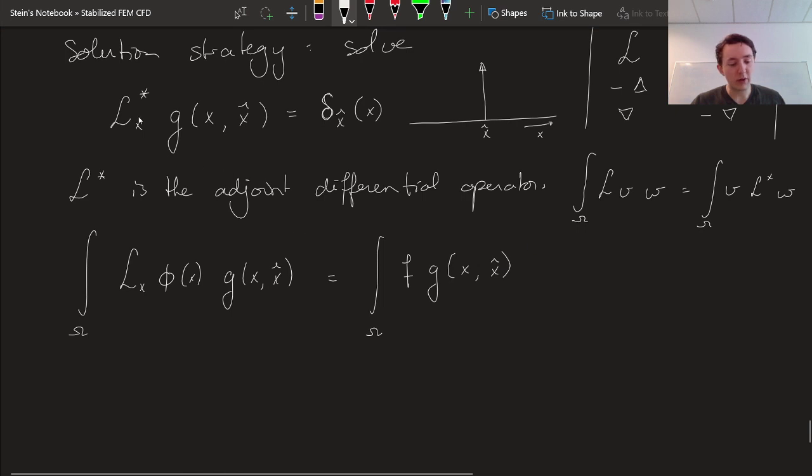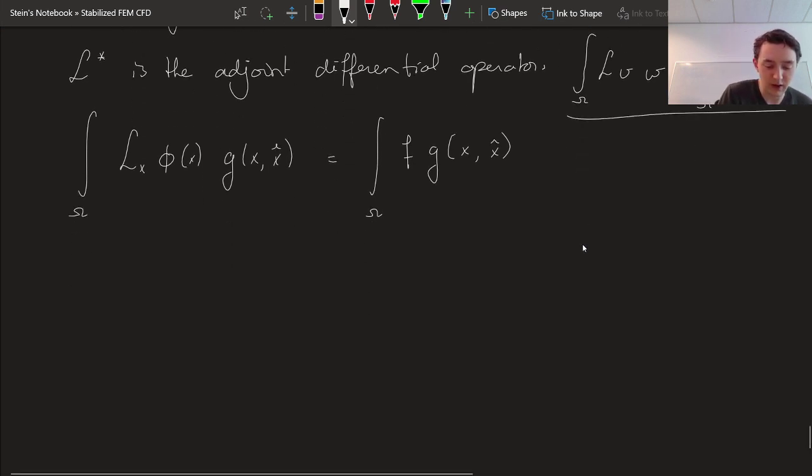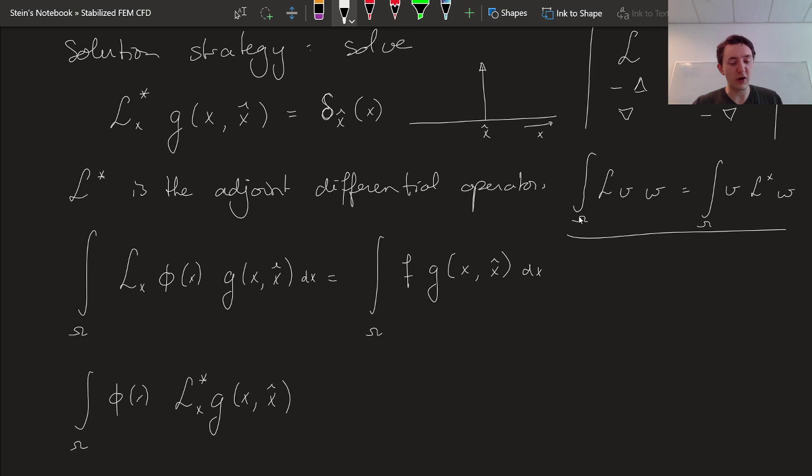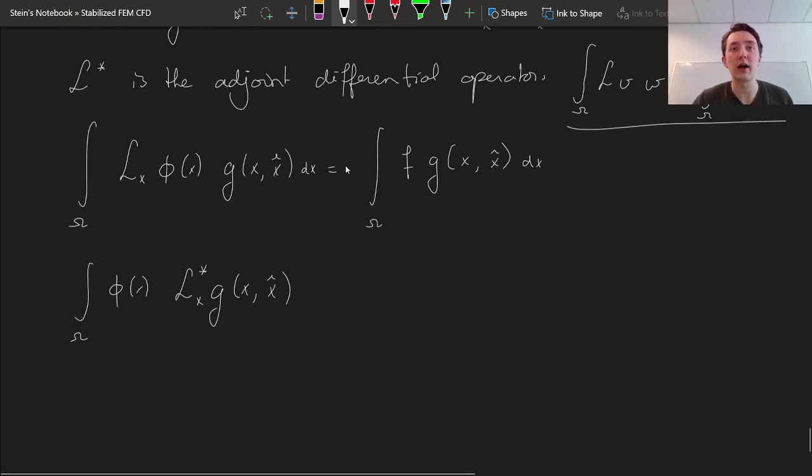So naturally, because of this definition of the adjoint operator and what we have on the right side, I can rewrite the first term as an integration over the domain of phi, a function of x, times L star times g of x comma x hat. Maybe I should also emphasize that we're integrating over x. And by definition of how we obtained this function g, this is actually going to be equal to the Dirac delta distribution.